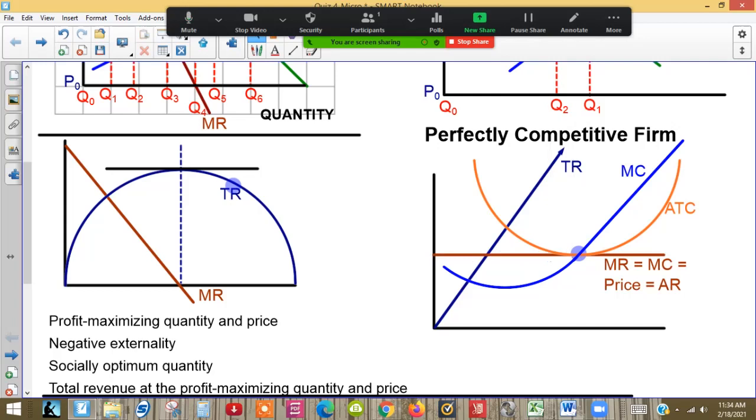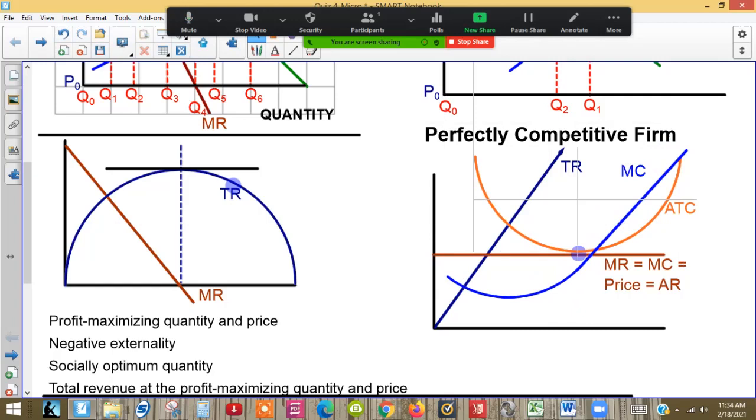They're all the same thing at the point where they produce. But we're going to be primarily looking at the monopoly.